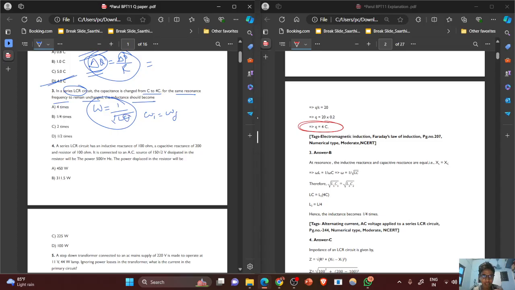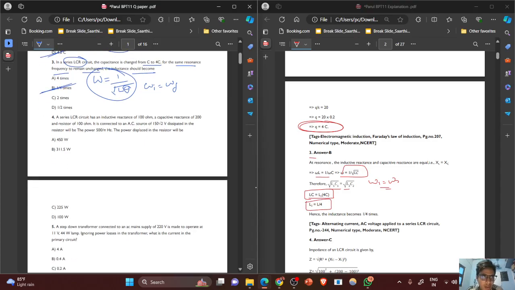You can change the C and calculate how L is changing. In the solution, omega is given by this. As the resonance frequency is the same, omega 1 equals omega 2. So putting the values and squaring, you get L2 is nearly equal to L by 4, that is 1 by 4 times. So the correct option is option number B.